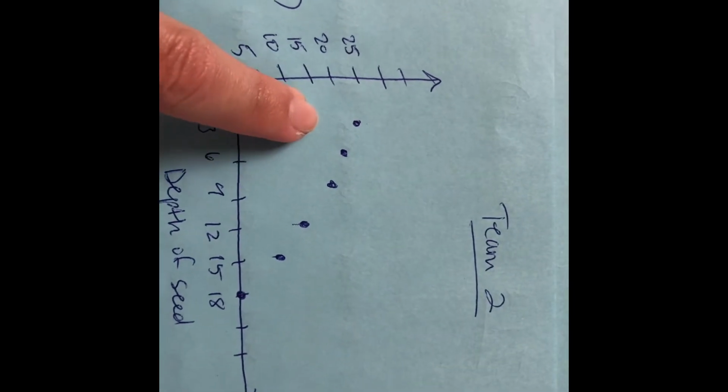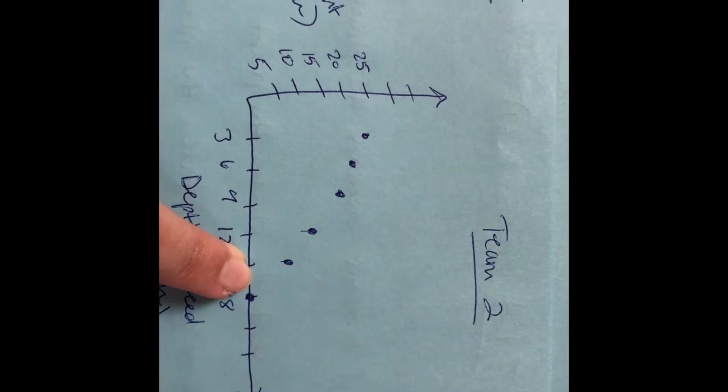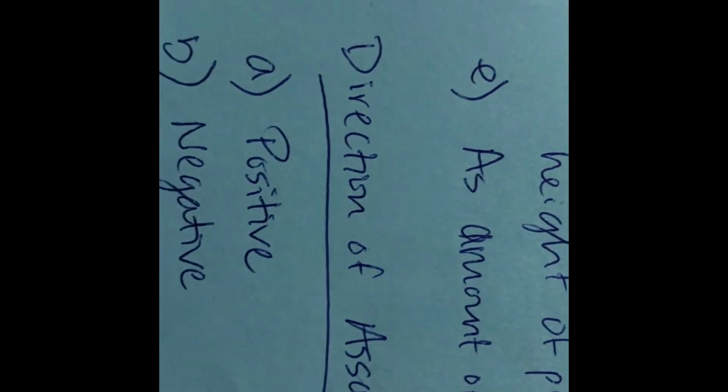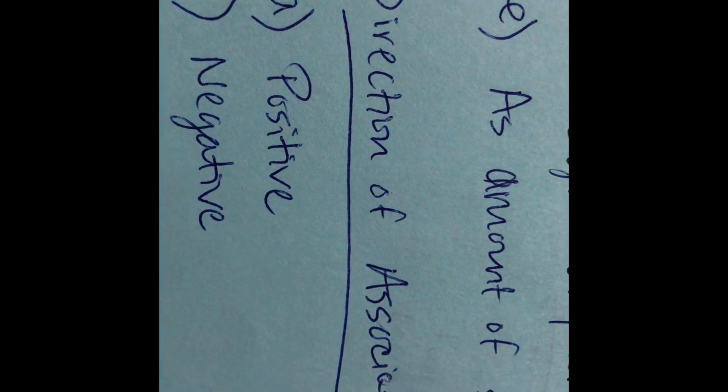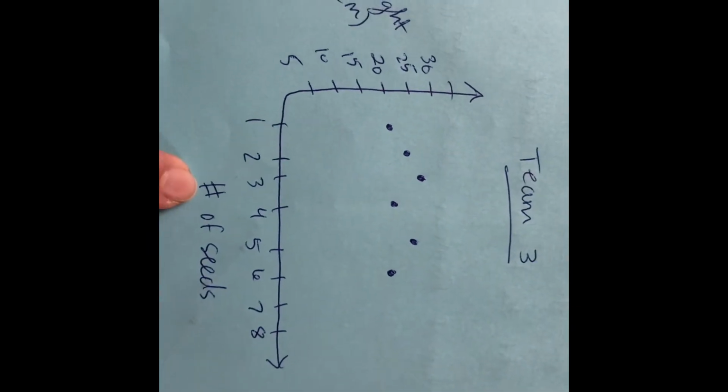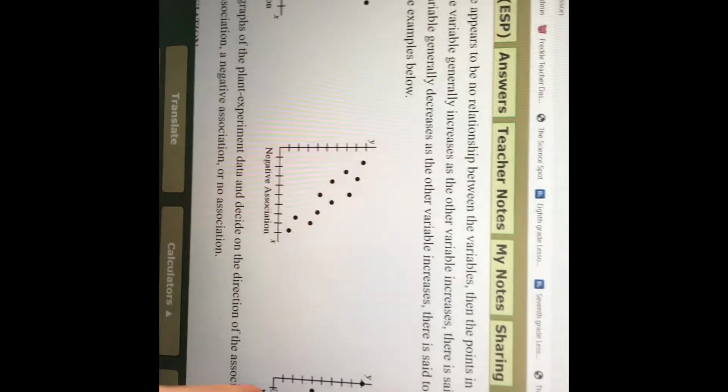Okay, so for team 2, I'm noticing it starts up kind of high, and then it starts to have a downward trend to the right, and that corresponds with our negative association graph. So that would mean that it is a negative association. Team 3 had this graph, and there is no consistent pattern, so that corresponds with our no association direction.